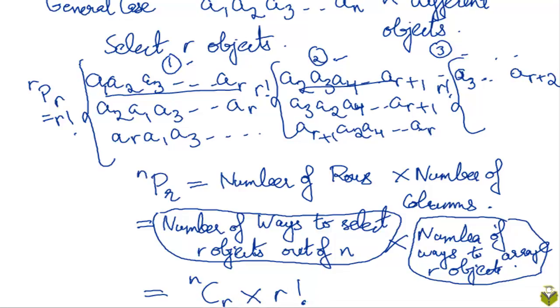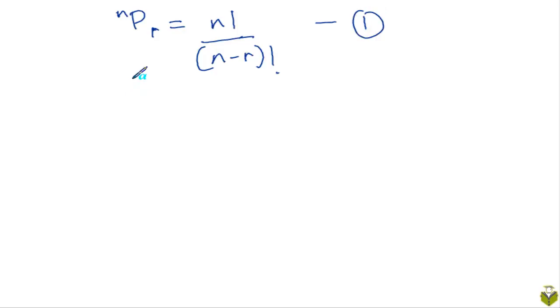So from here we already know that NPR is equal to n factorial divided by n minus r factorial, right? So this we call equation 1. We also know now that NPR is the same as NCR into r factorial, right?